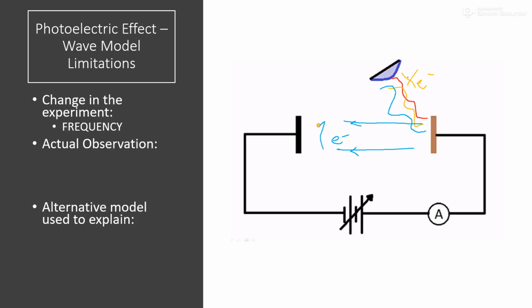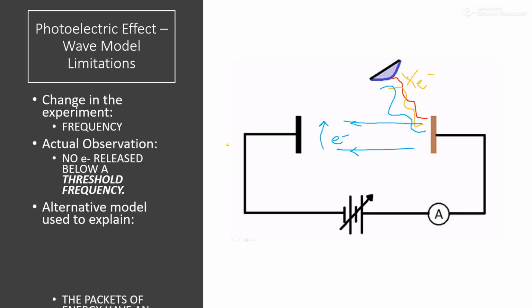Straight away I get this emission. So what happens is this: there are no electrons released below a certain threshold frequency. Red light, no electrons. Orange light, no electrons. But the moment I get into a certain frequency, let's say blue for example, then immediately I get electrons released.